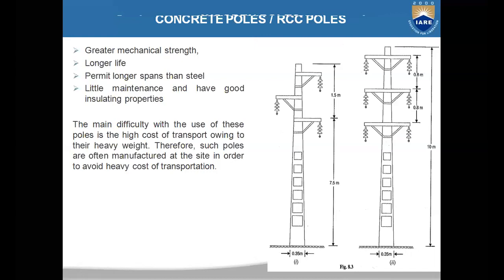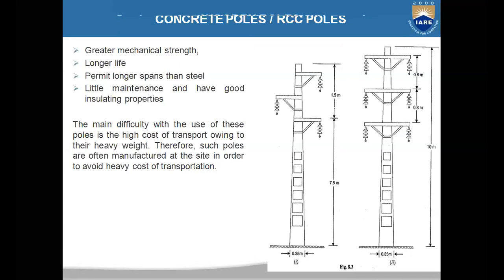So these concrete poles will have higher mechanical strength, and also a longer life, and they are also used for longer spans than the steel poles. Okay, and they have little maintenance and good insulating properties. So these concrete poles have high mechanical strength, a longer life, permit longer spans, and little maintenance is required.